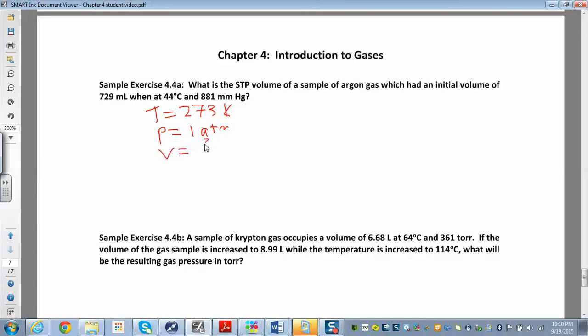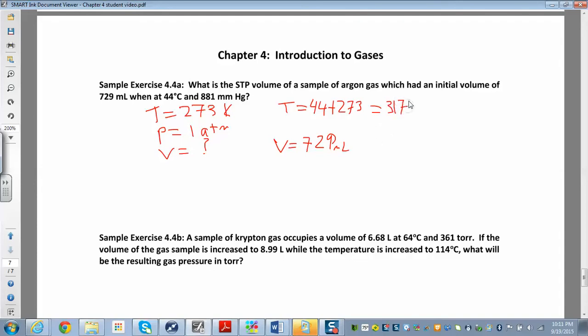If a gas initially has a volume of 729 milliliters and a temperature of 44 degrees Celsius, but we don't like Celsius, so we're going to add 273 to that. In your calculator you get 317 Kelvin.